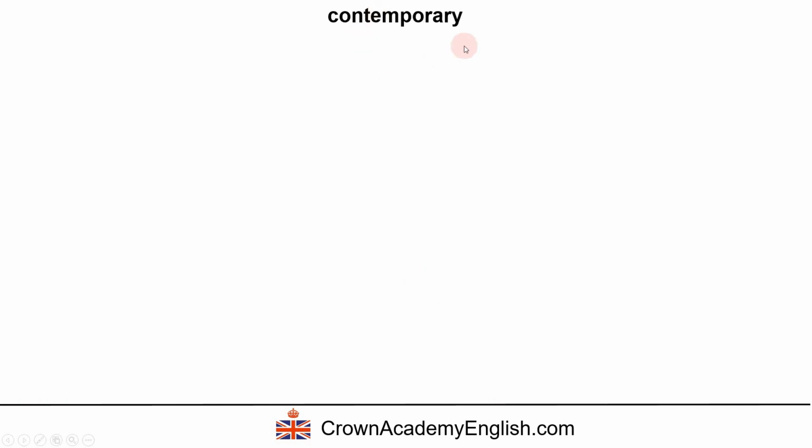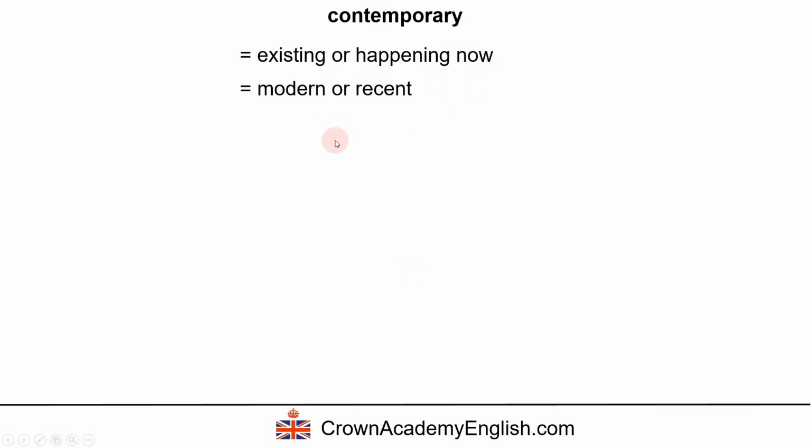Contemporary. This means existing or happening now. And therefore it means modern or recent. And we often use this adjective to describe the arts, the period of time of the arts. So what do I mean by that?